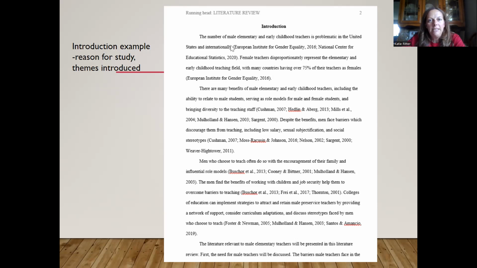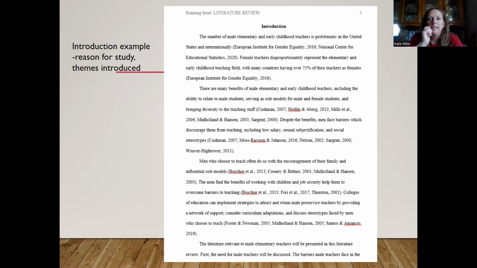So you can see here that in this first sentence I have the European Institute for Gender Equality, 2016, which is the date of publication, and the National Center for Educational Statistics 2020. Those are the two citations that I use to cite that the number of male elementary teachers is problematic in the United States.